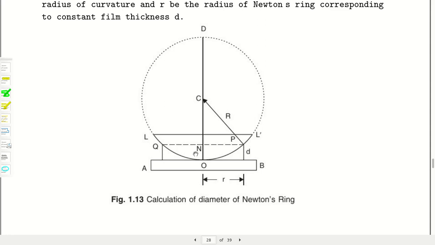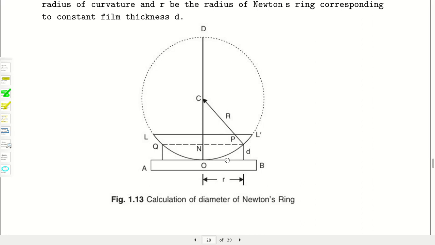Let us consider this picture where the plano-convex lens is there and the total sphere of the lens is constructed, an imaginary sphere, where C is the center of curvature of the surface, and d is the thickness at the point of investigation. So d cannot be measured practically, and it can be replaced by things which can be measured practically.